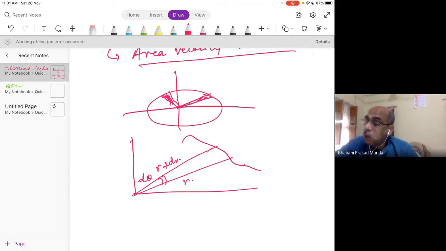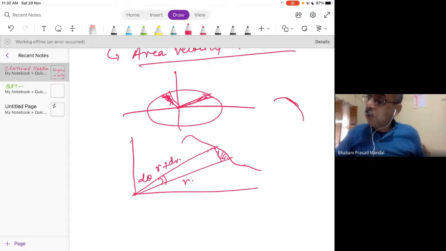When it is small, you can make a perpendicular, and this small area will be neglected, because I have drawn a bigger picture. But if the points are very close, any curve will be approximated by a straight line, right? So for infinitesimally close points, this is effectively the area, and the remainder will be negligible.